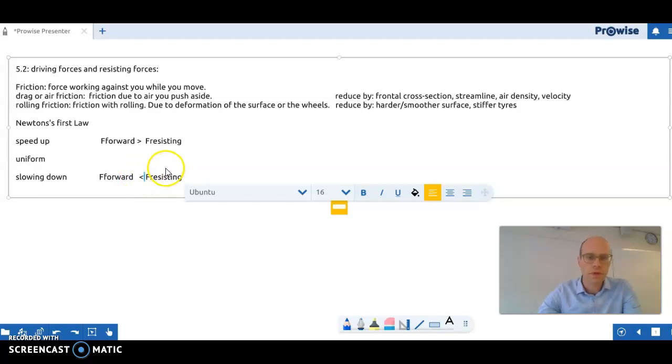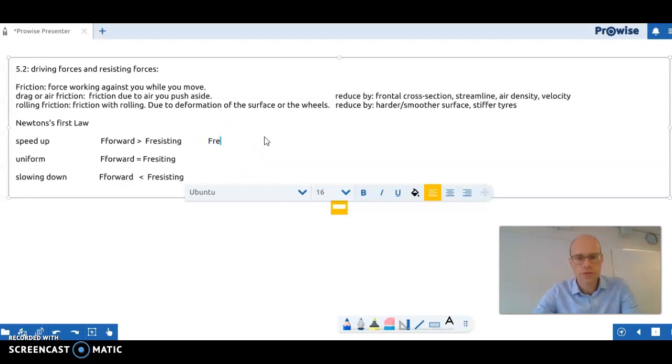smaller. So what does it have to mean then if you have a uniform motion? Then apparently with a uniform motion, the forward force is not greater nor smaller. That means it has to be equal. And if it is equal to the resisting force, well, that has something to say about the resultant.